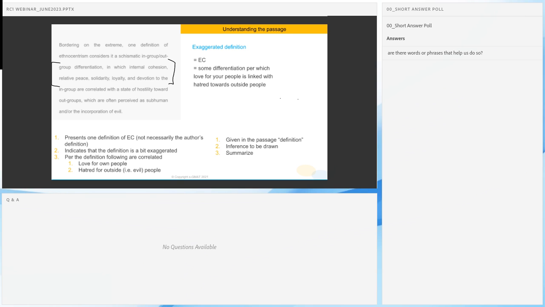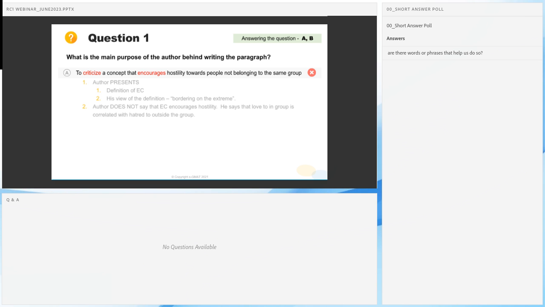Here your job is to not worry about technical terms unless and until they are explicitly explained. If they're explicitly explained, of course, you just look at that explanation. But if they're not explicitly explained, then don't worry about it. That's all that I want you to do. Keep things simple. Okay. So main idea. Let's just look at how you guys picked over here.